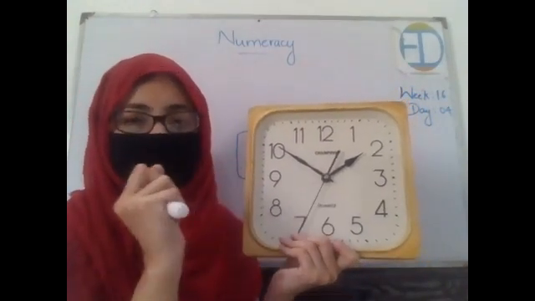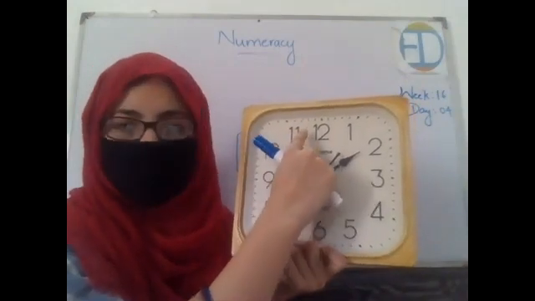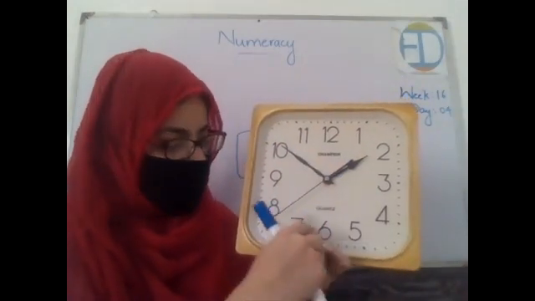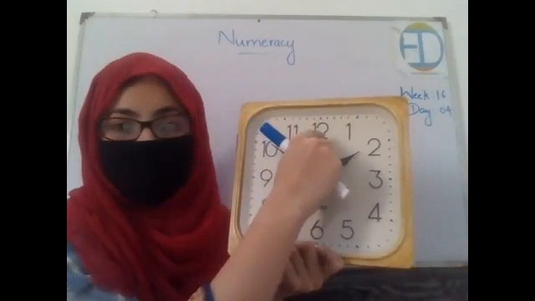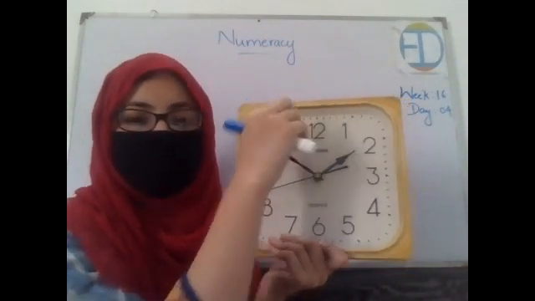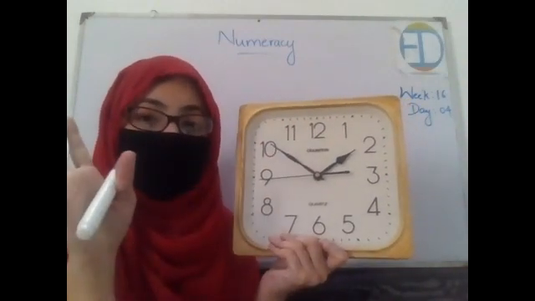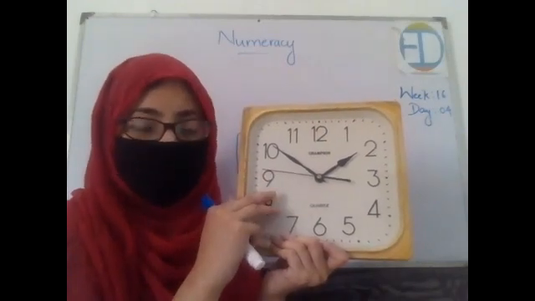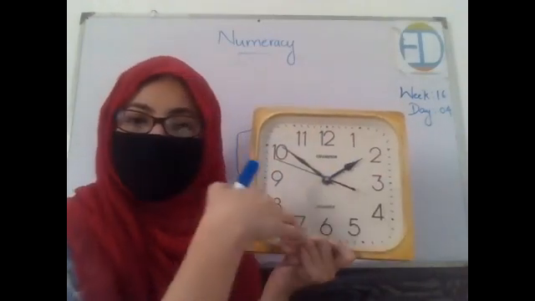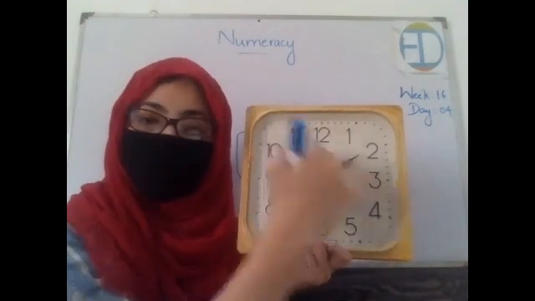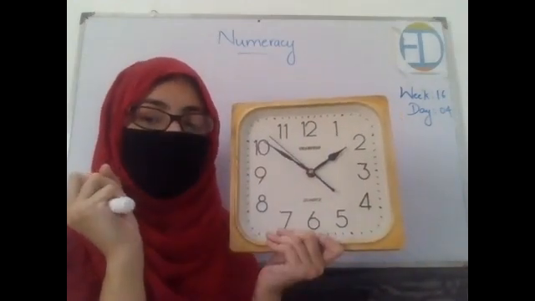Let's first talk about the digits. When you start from 12 and start counting, you reach 12 again. This means that we have only 12 digits in this clock, right? Starting from 12, we reach 12 again.